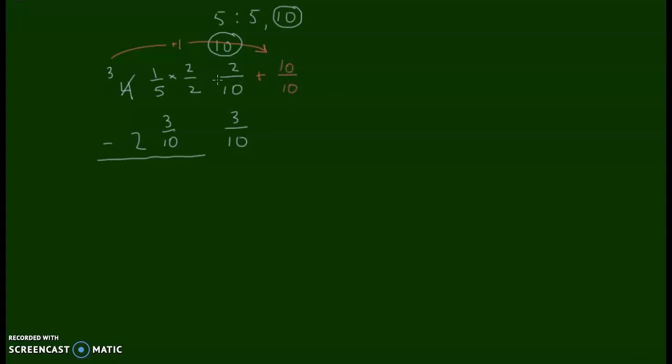So 2/10 plus 10/10 equals 12/10. From 12/10, I'm going to subtract 3/10. 12/10 subtract 3/10 is 9/10. 3 subtract 2 is 1. So I'm going to put our 1 and our 9/10 together, and I end up with 1 and 9/10.